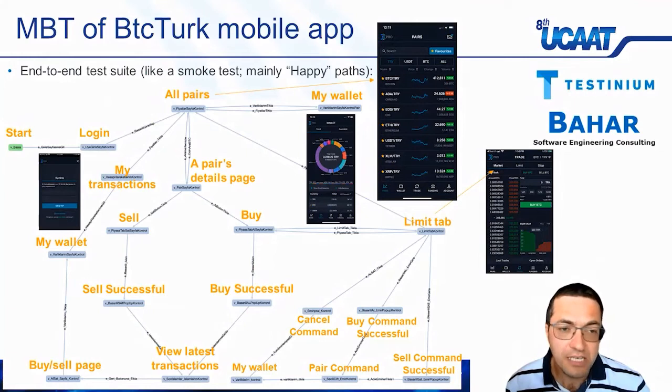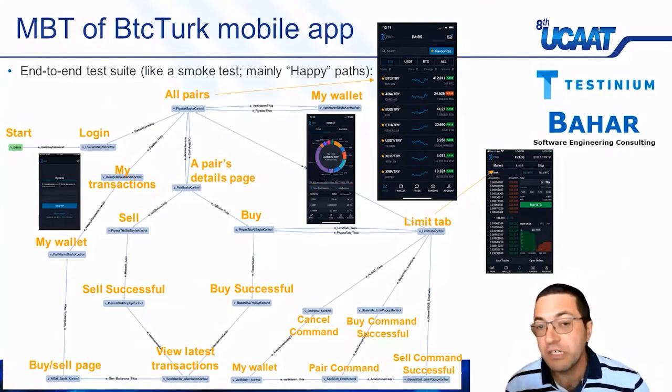You log in successfully and it goes to all pairs, which is kind of the main page. You see all the pairs, such as Bitcoin to Turkish lira, and ADA, another coin type, to Turkish lira. You can filter by US dollars, and see their trends and current prices. You can go to My Wallet and see how much money you have in different coins.